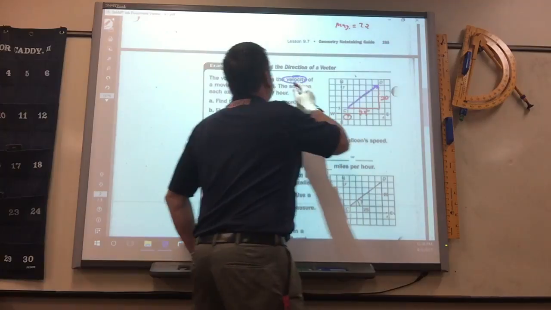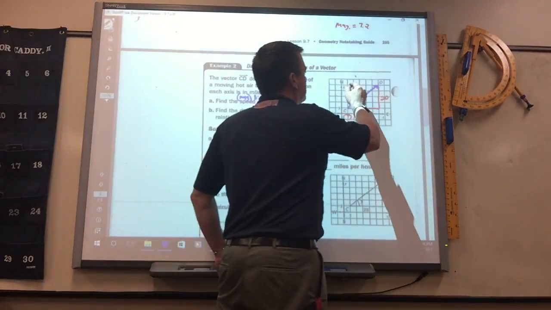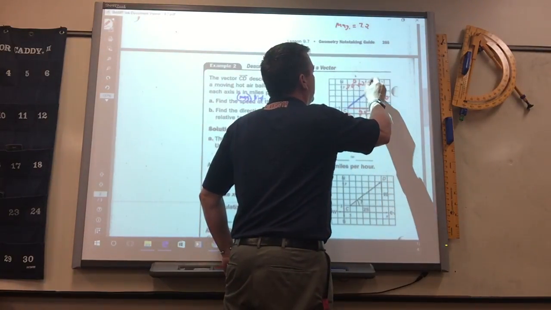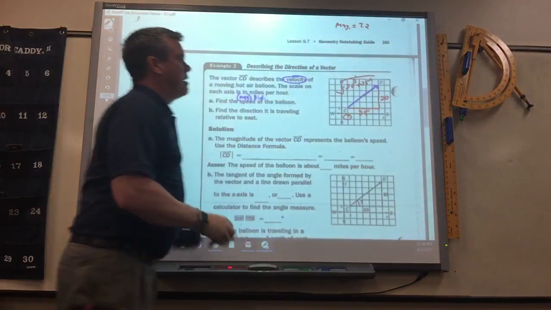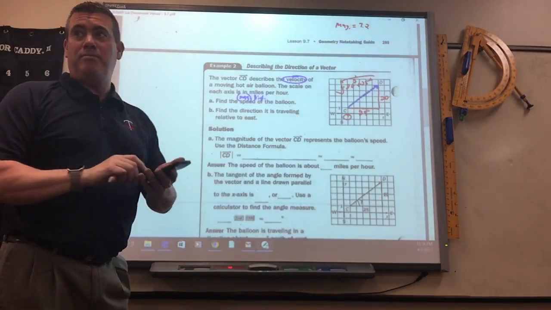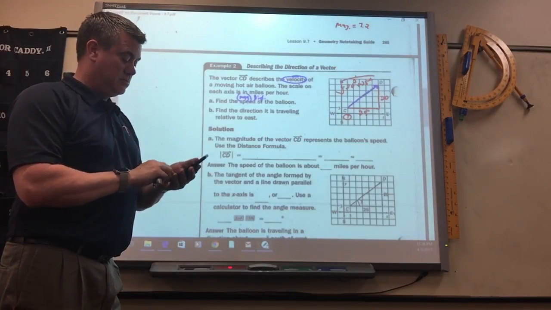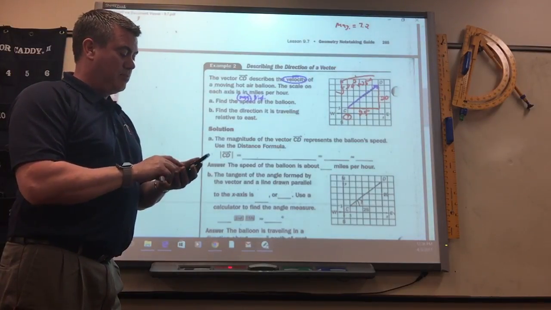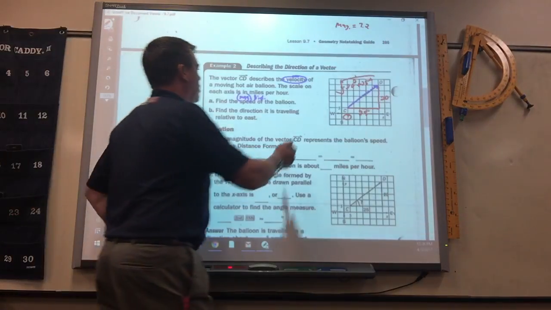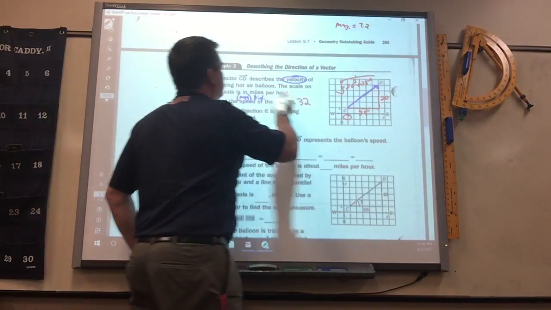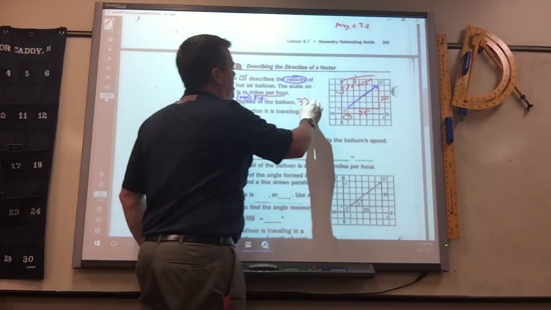So the speed is 20 squared plus 25 squared, square rooted. It's 32.01, so it just rounds to 32. So it'd be 32, and it says that it's in miles per hour.